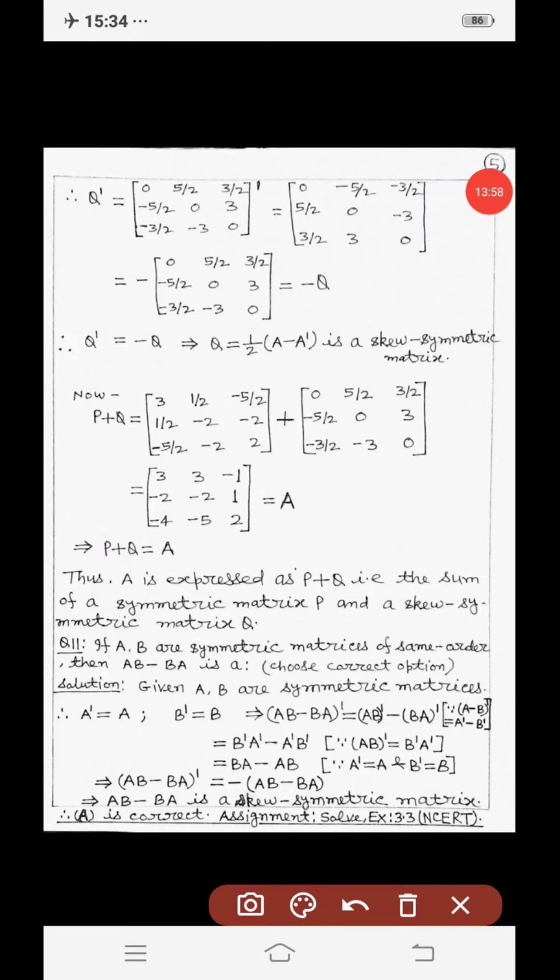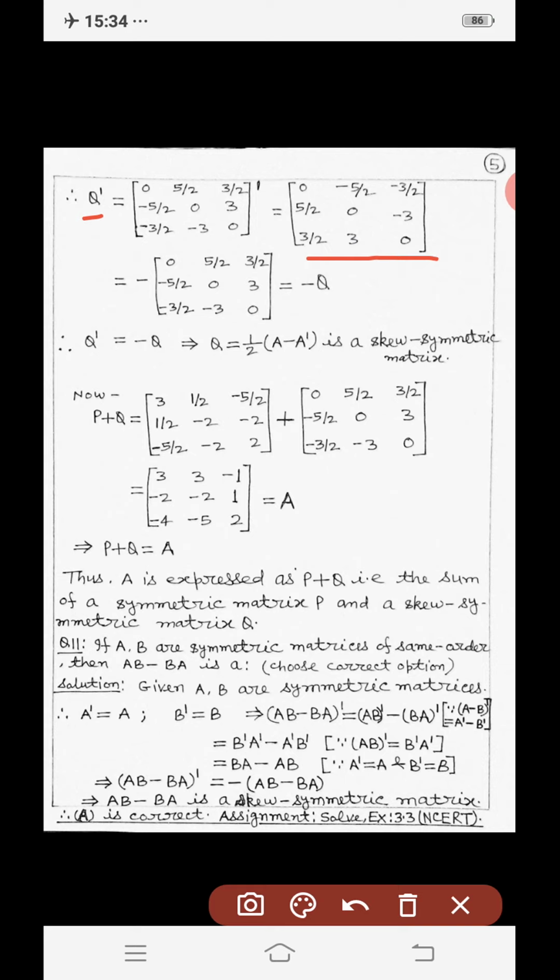So Q transpose equal to, interchanging the rows and columns of matrix Q, we get [0, minus 5 by 2, minus 3 by 2; 5 by 2, 0, minus 3; 3 by 2, 3, 0].